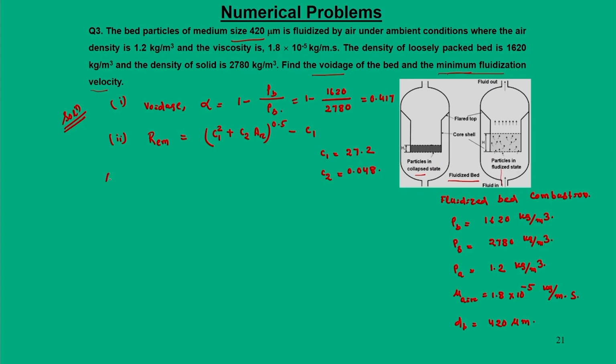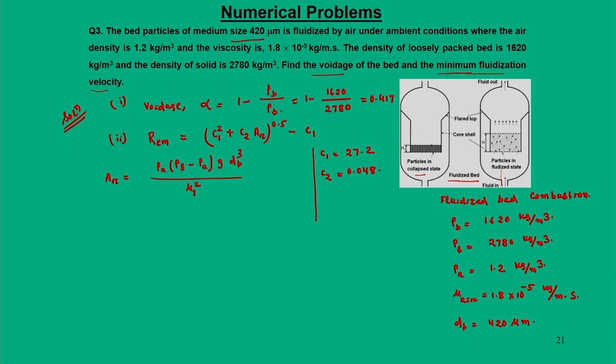Now, this Archimedes number AR is defined as rho A into (rho S minus rho A) into g into dp cube, divided by mu g square.